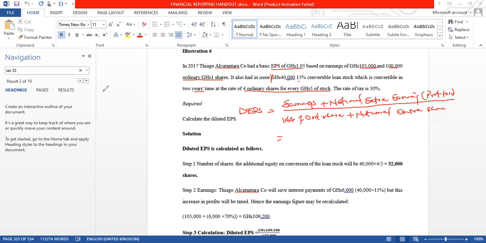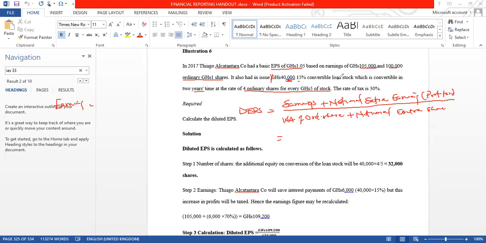What we're going to do is first adjust our earnings here, that notional earnings. We already have 105, and we are told there is also an issue of 40,000 at 15%.